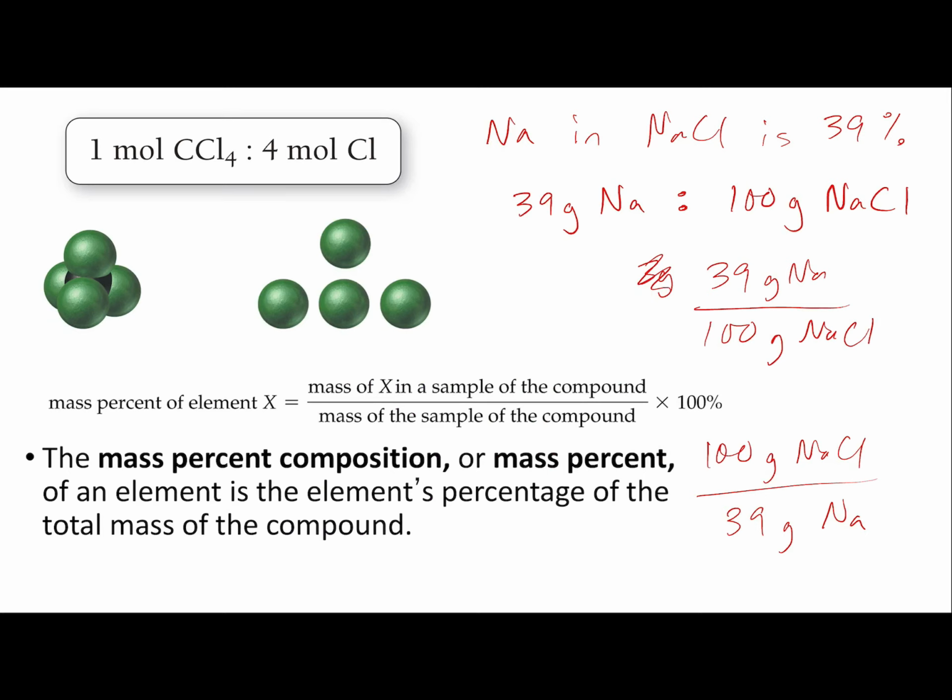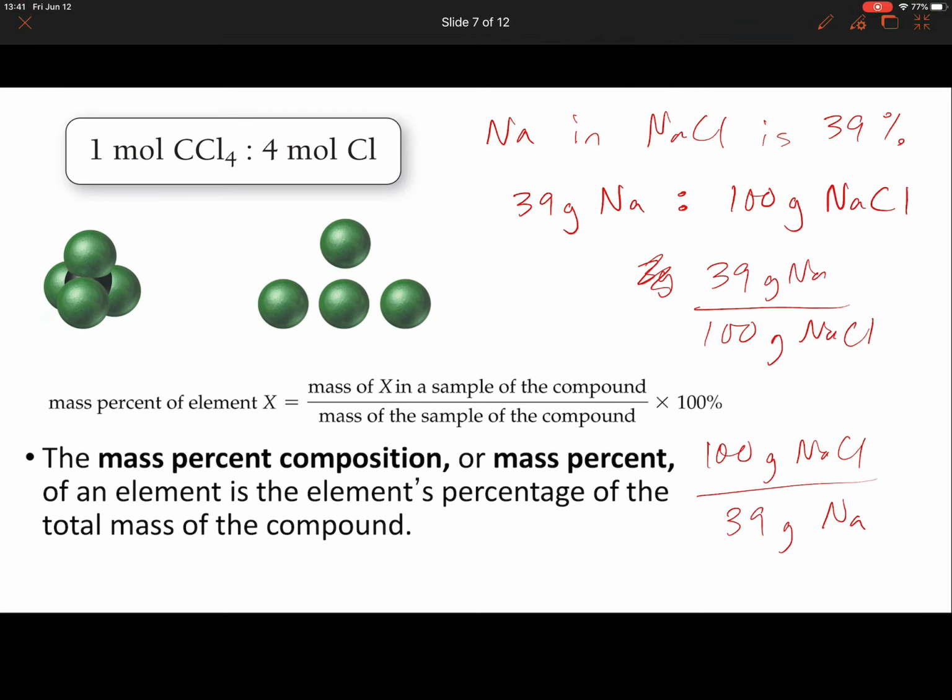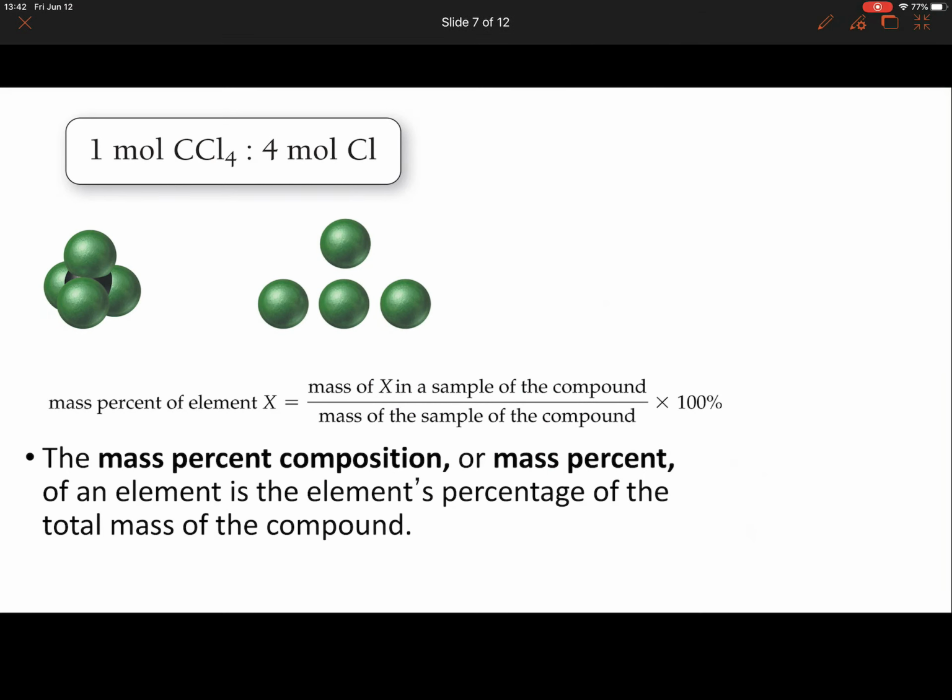So let's do that. The FDA had said 2.4 grams of sodium is the recommended daily amount. The question for us is, how much sodium chloride can you consume and still be under that or at that limit? Since we know now that it is 39% Na as far as sodium chloride, we can do a conversion. So we know that we have 2.4 grams of sodium that we're interested in eating.